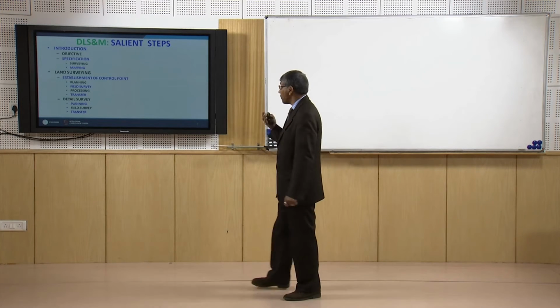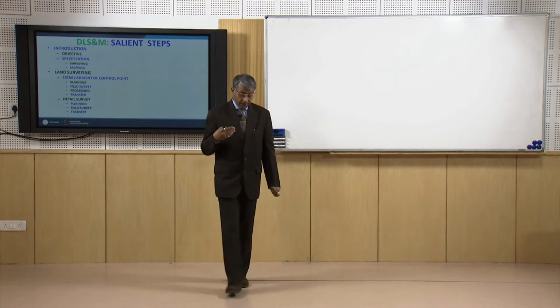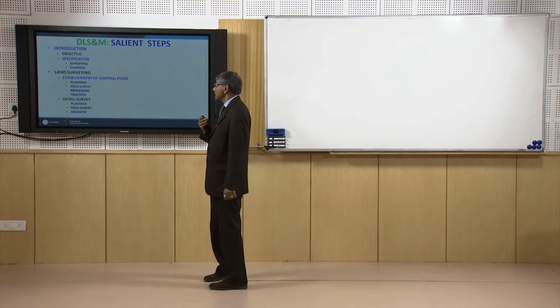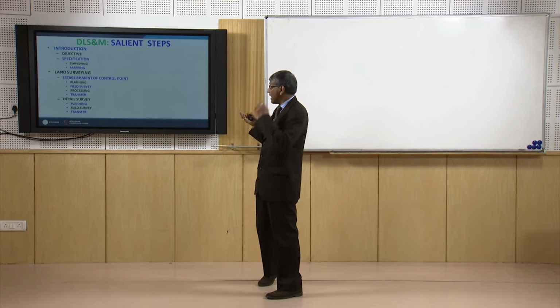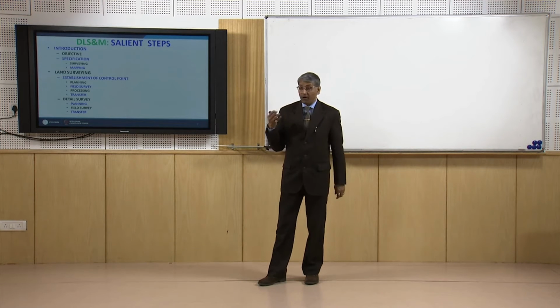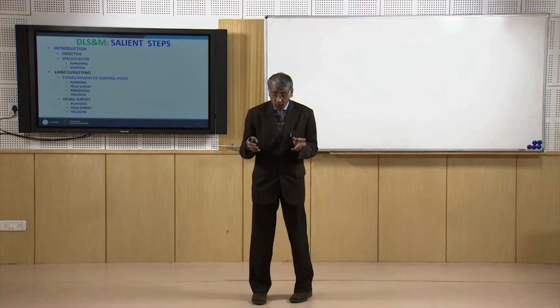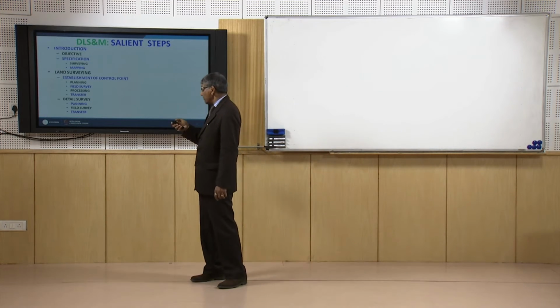Now if we want to go for first order surveying or second order surveying, depending upon that, already I had discussed in some other class about the type of order, and that guides us on the quality of the measurements. So based on that we have to decide.